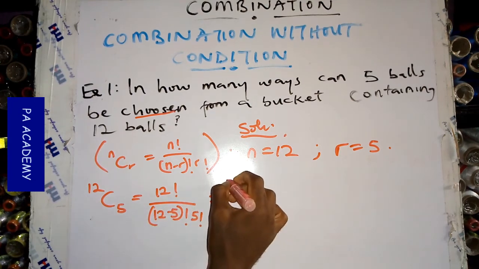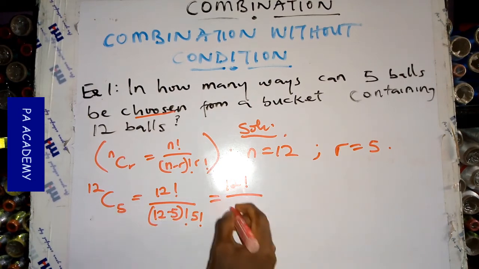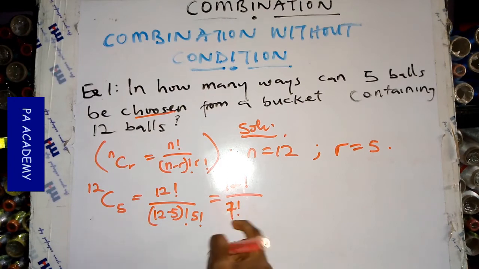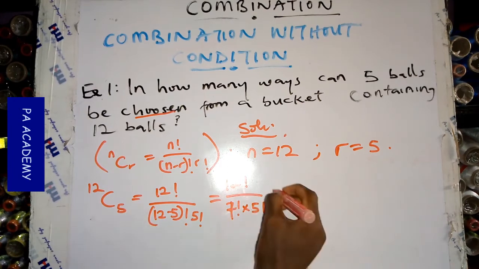So here we have 12 factorial over 12 minus 5, that's 7, over 7 factorial, multiplied by 5 factorial. So let's break this down.